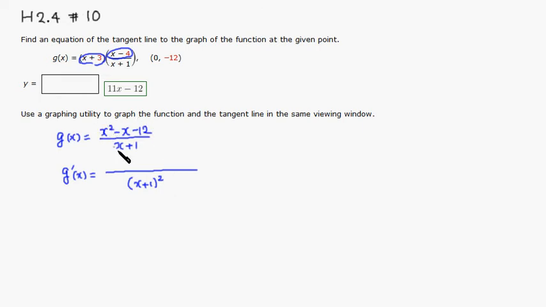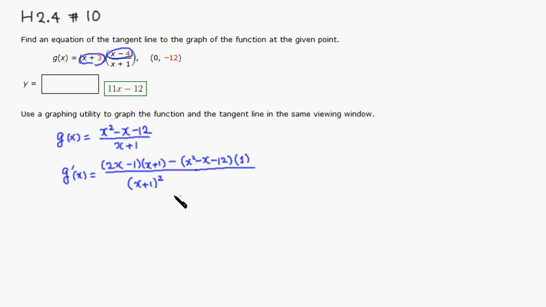Take the derivative of the top, that's 2x minus 1, times the denominator, which is x plus 1, and minus the numerator, x squared minus x minus 12, multiplied by the derivative of the denominator, which is just 1. The derivative of x plus 1 is 1.